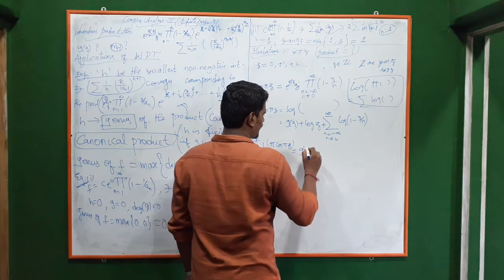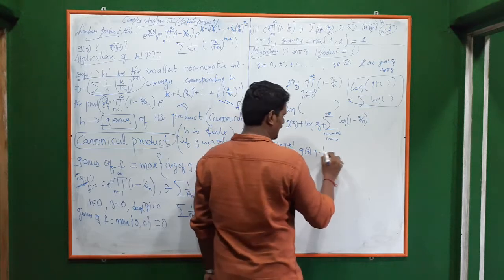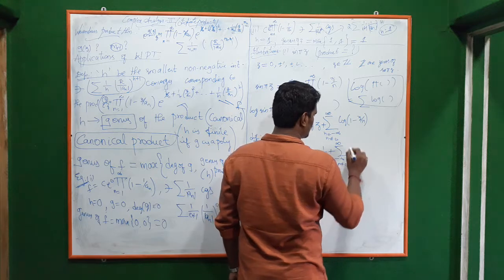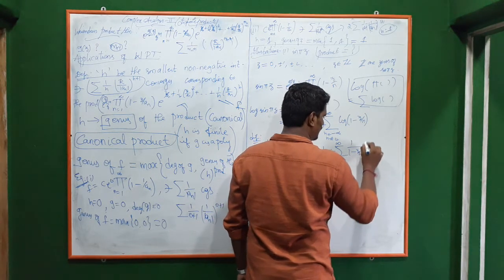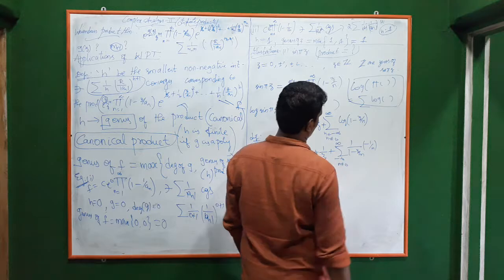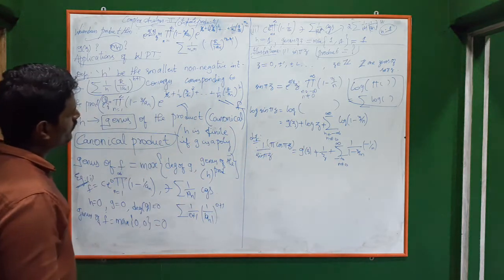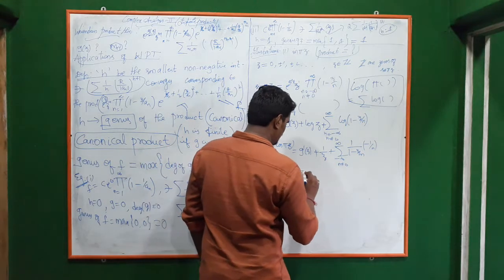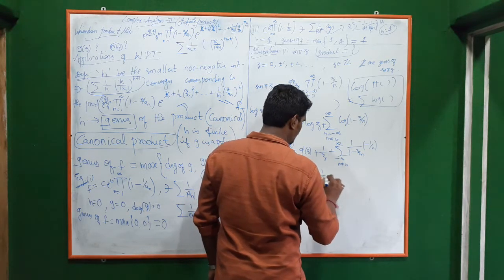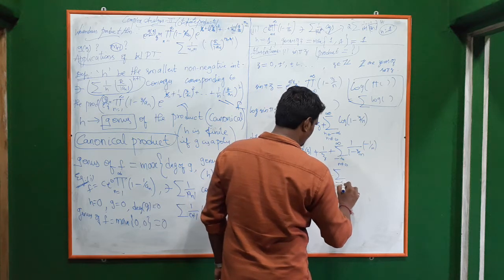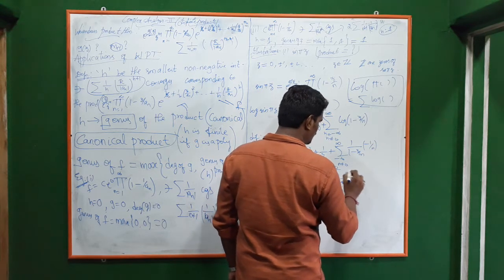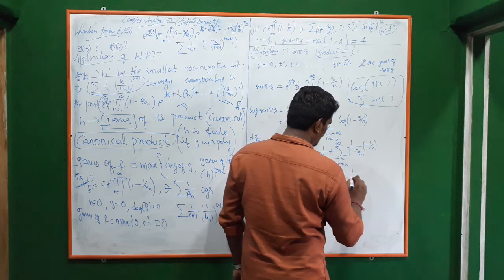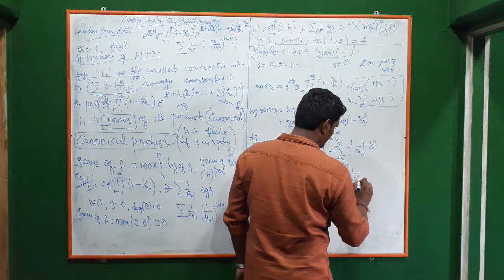This is equal to g dash of z plus 1 by z plus summation minus infinity to infinity, n not equal to 0, 1 by 1 minus z by n into minus 1 by n, which is equal to g dash of z plus 1 by z plus summation minus infinity to infinity, n not equal to 0. Here n will be cancelled and we can write it as 1 by z minus n.